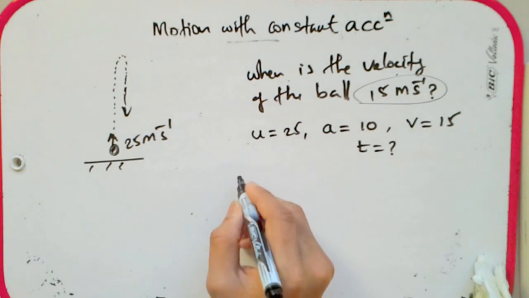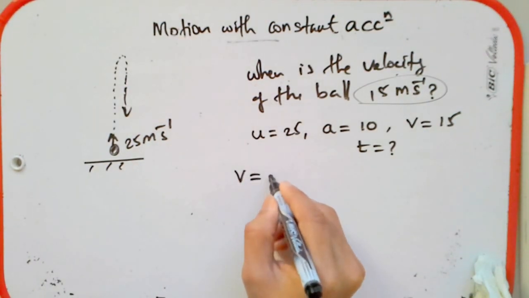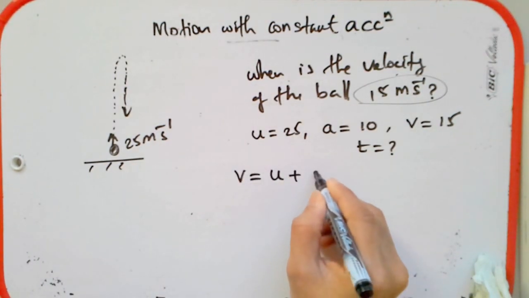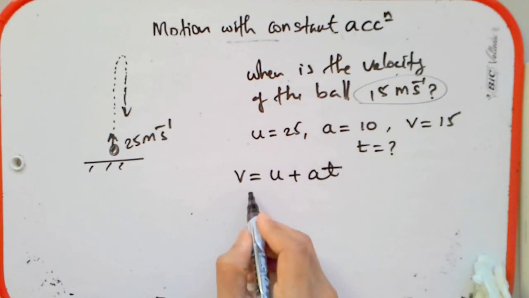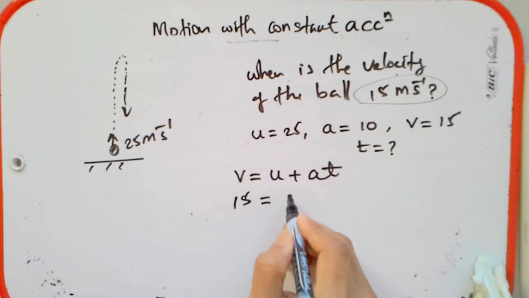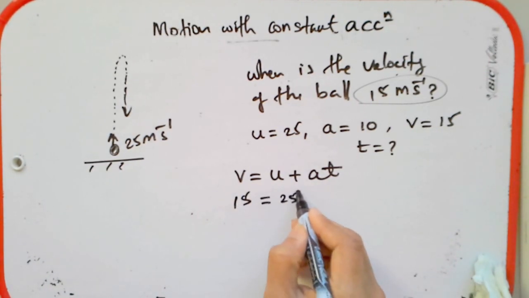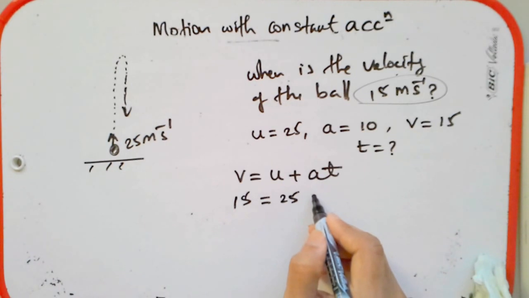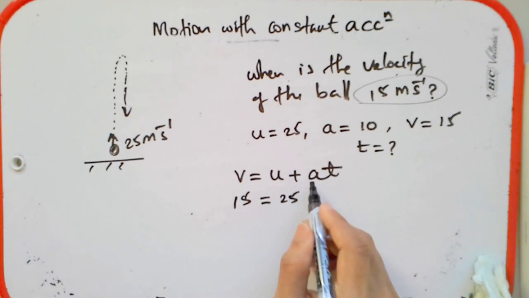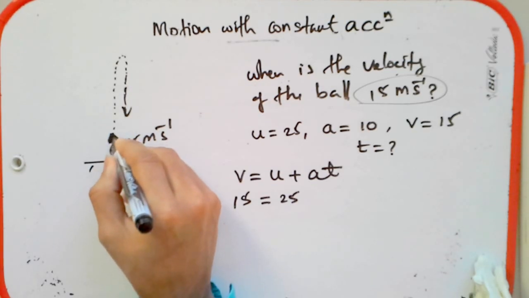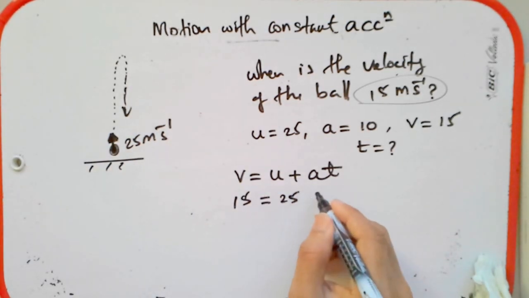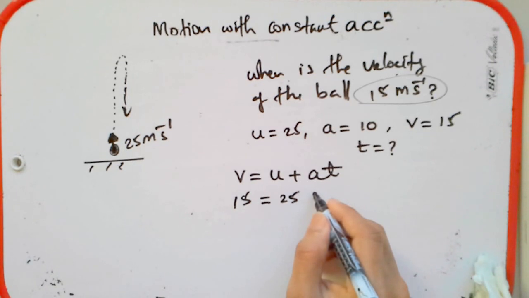So how do you do this? I can use v equal to u plus at. My final speed should be 15. Initial speed is 25. Actually, you are throwing the ball upward, but the acceleration is always in the opposite direction.